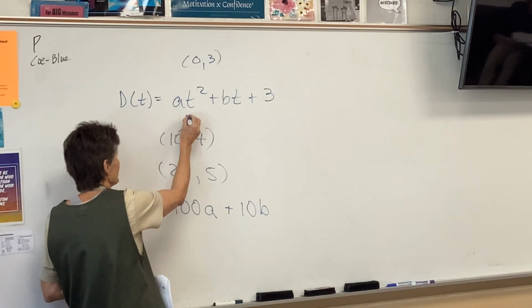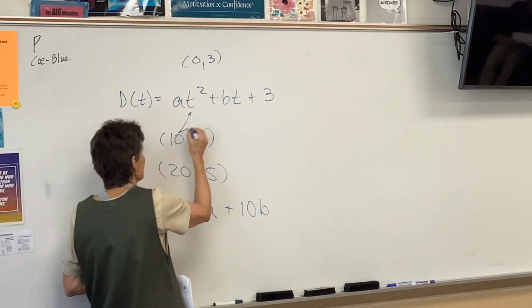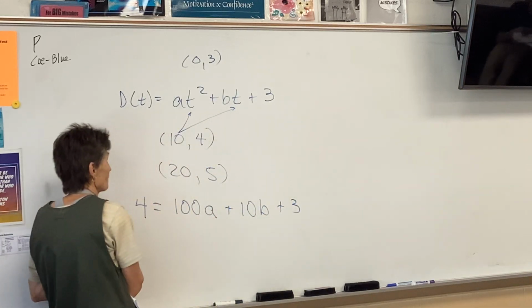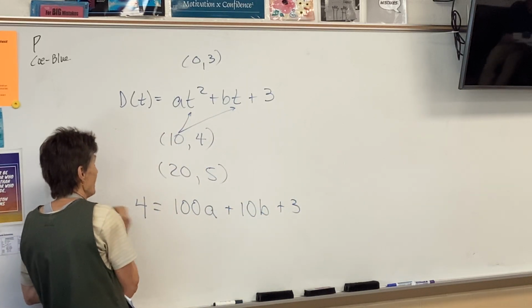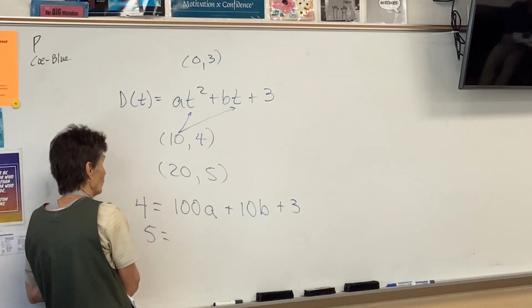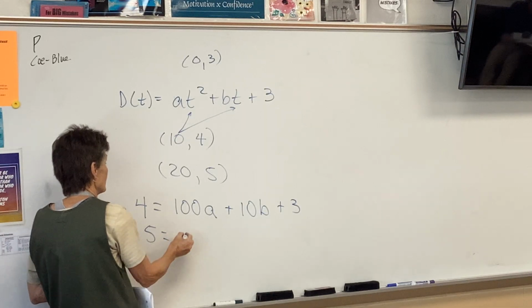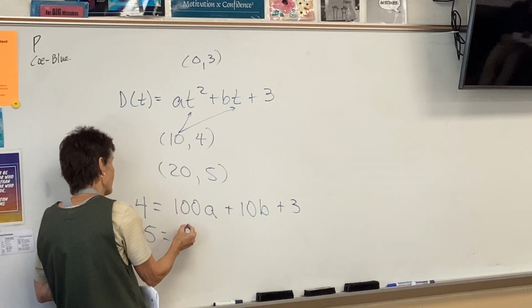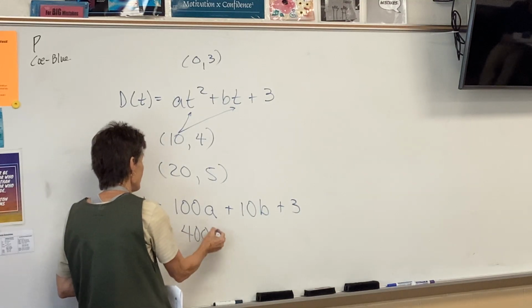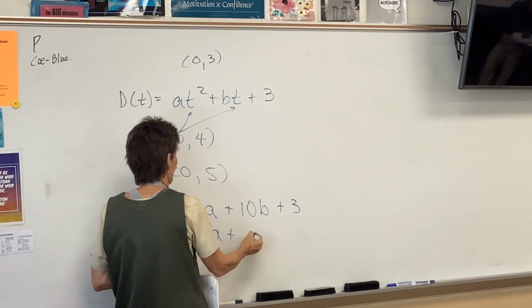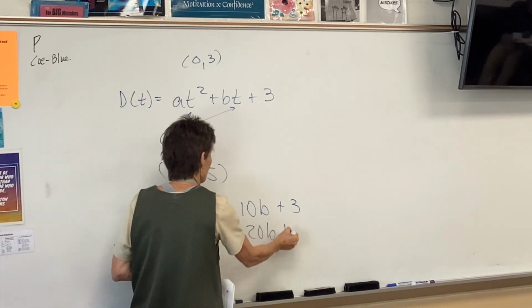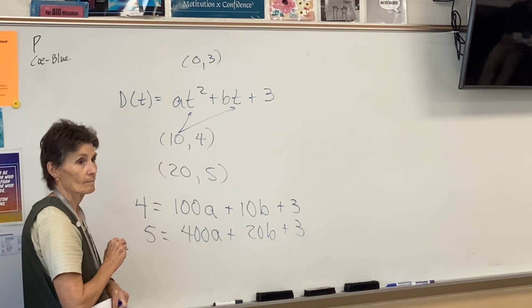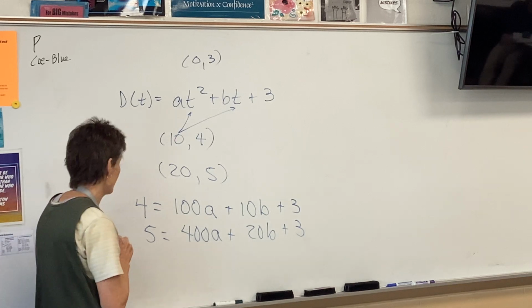I put 10 in for my T's, and then plus 3. And then 5 equals 400A plus 20B plus 3. All right, let's solve it.